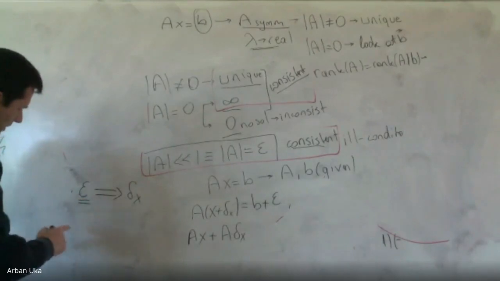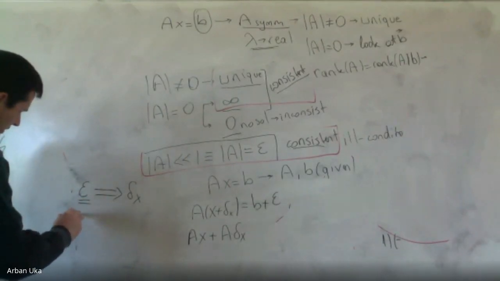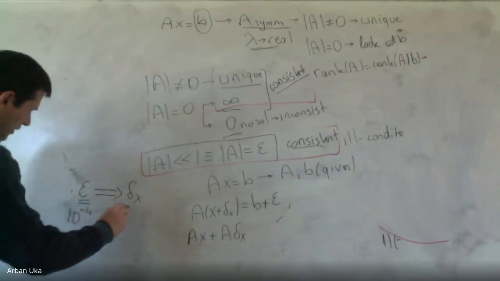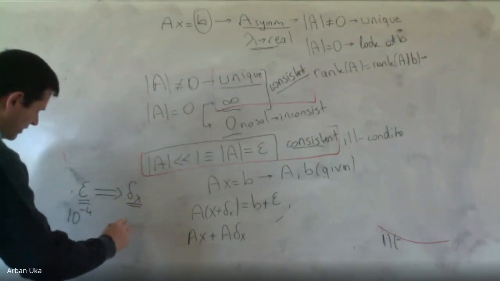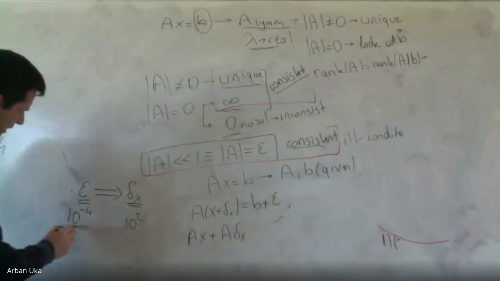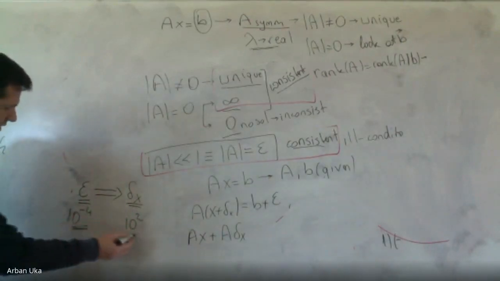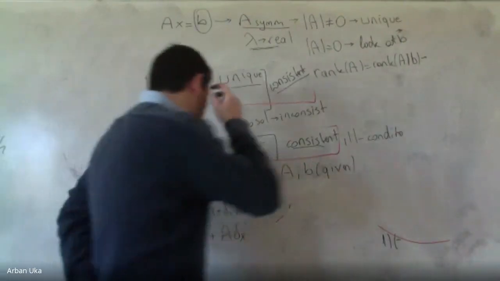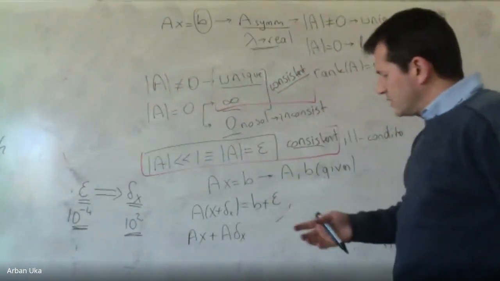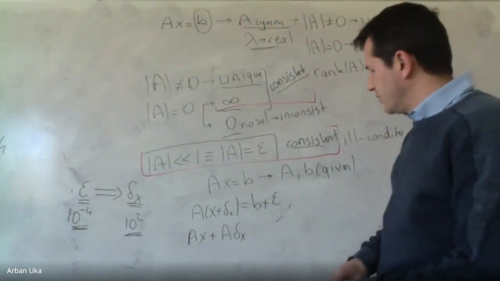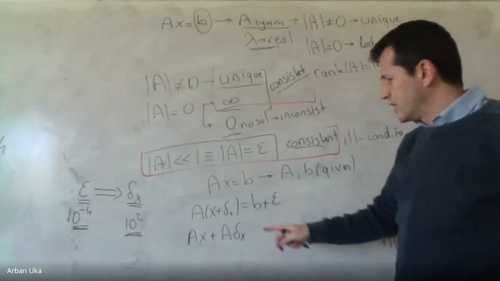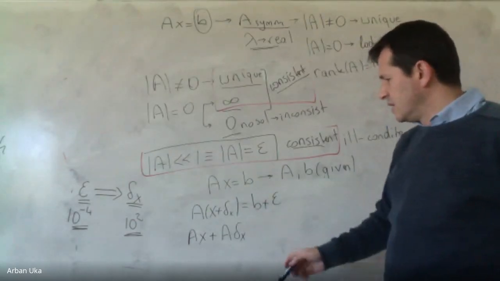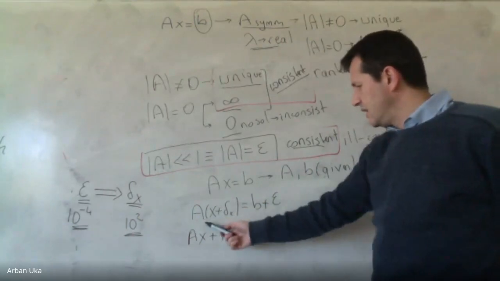The only problem is that this epsilon in b can be 10 to the power minus 4, but the change in x can be 10 to the power 2, okay? So this means that a small change in here can induce a huge change on this other side. But if you want to quantify or get a feeling of how these round-off errors propagate in these kinds of systems, we can write here Ax plus A times delta x.